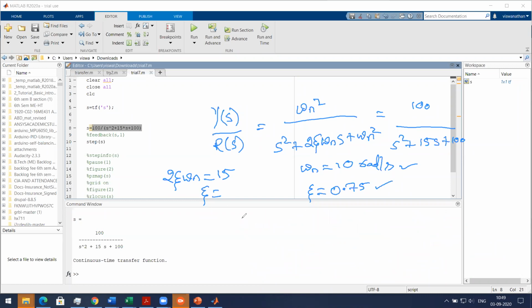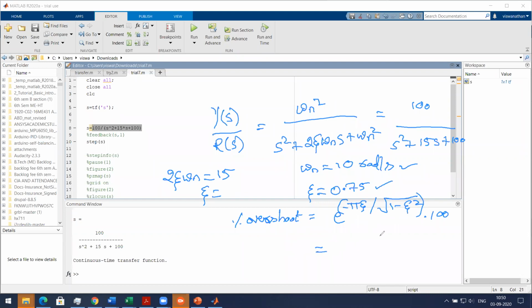So percentage overshoot is given by e to the power minus pi zeta divided by root of 1 minus zeta square, the whole thing multiplied by 100.